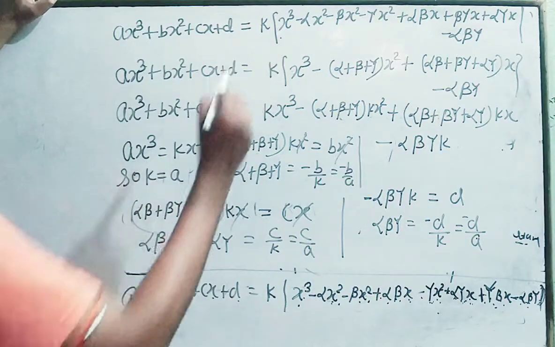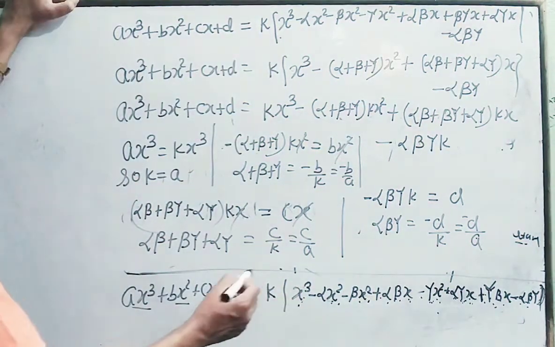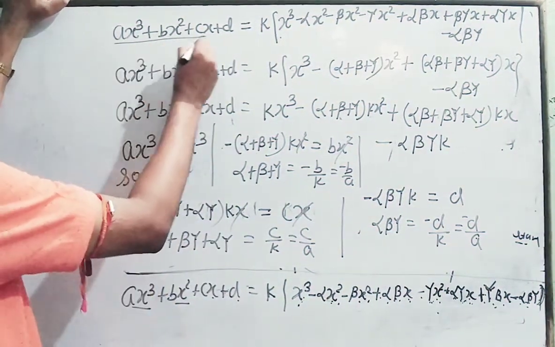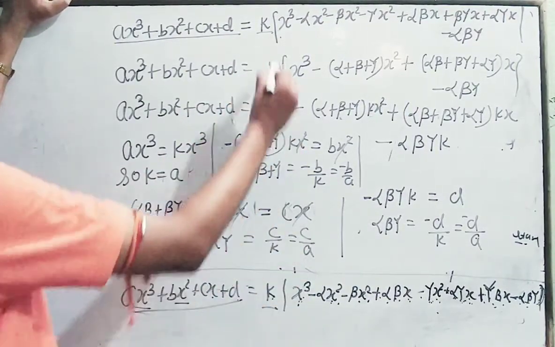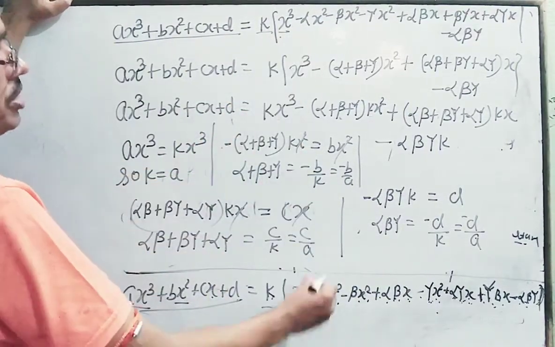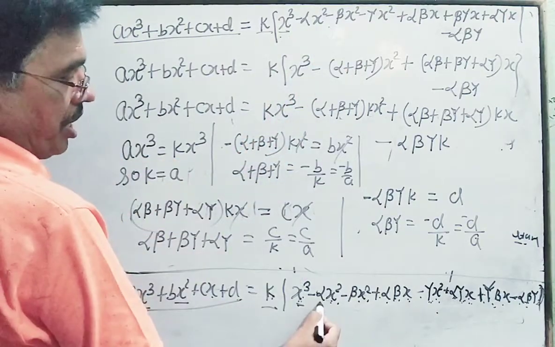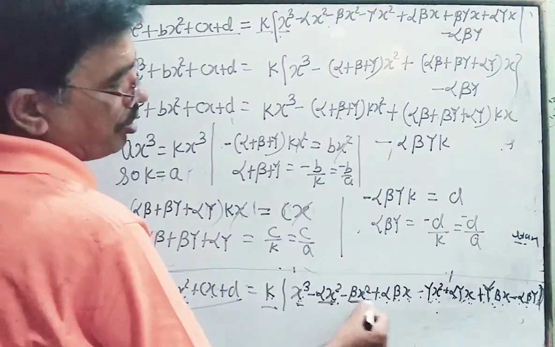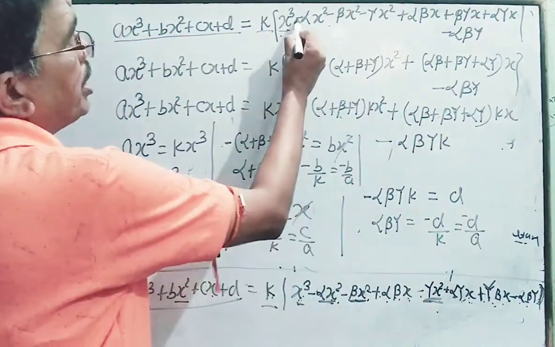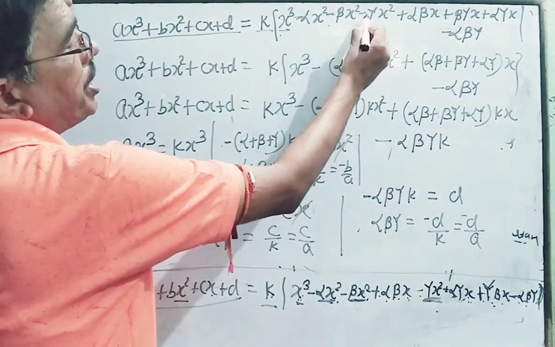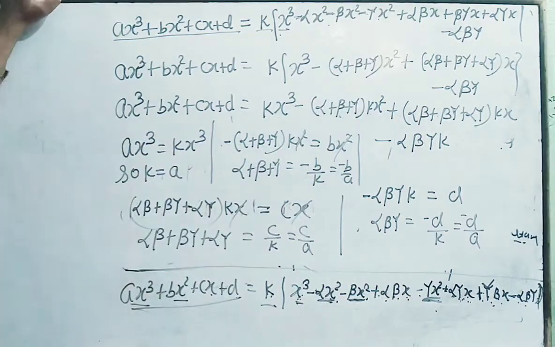Now arrange according to their degree. Here is ax cube plus bx square plus cx plus d. Here I write k. x cube is only one, so I write x cube. There are three x square terms, alpha x square, beta x square, and gamma x square, and all have negative signs. So I write minus alpha x square minus beta x square minus gamma x square.